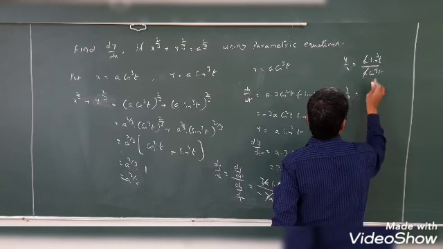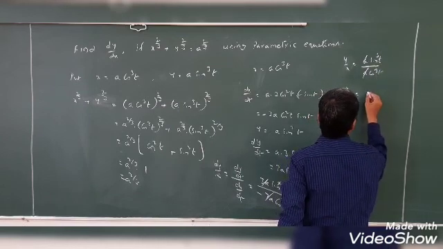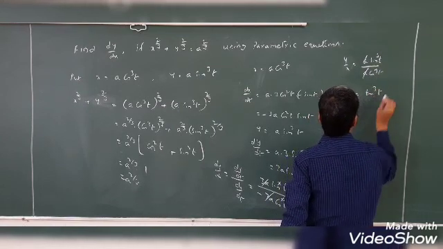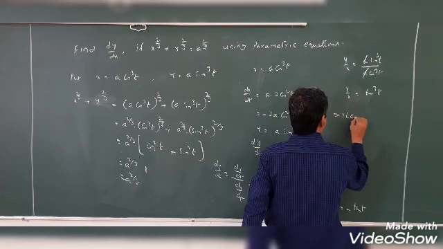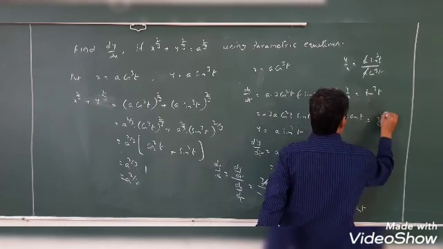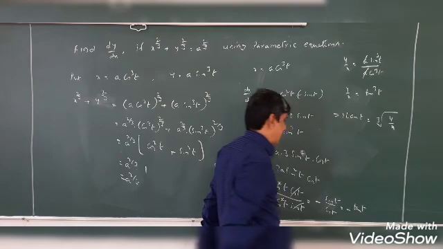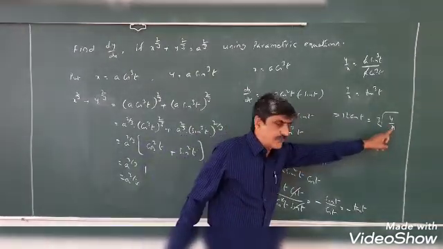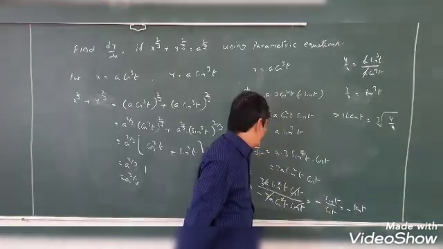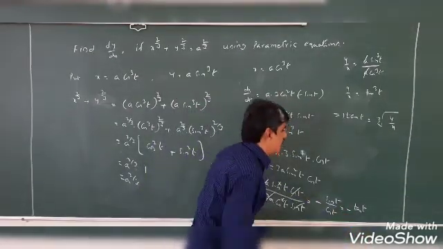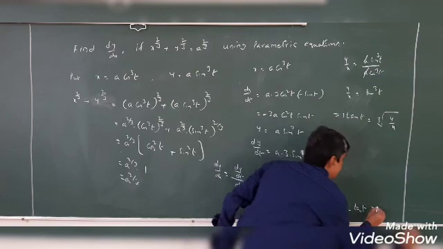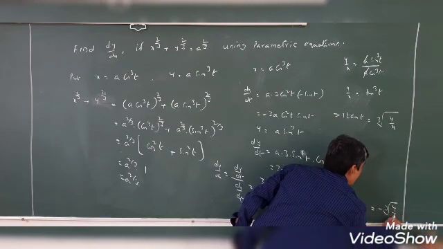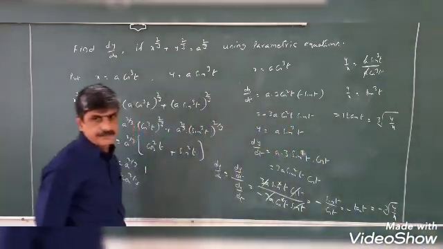So y by x is equal to sin cube t by cos cube t, which is tan cube t. So this implies tan t is equal to cube root of y by x. So we want to write dy by dx in terms of x and y. So dy by dx is equal to minus tan t, which is minus cube root of y by x.